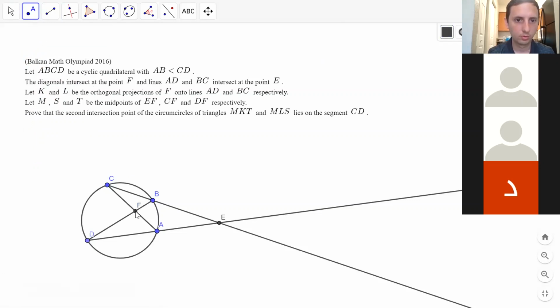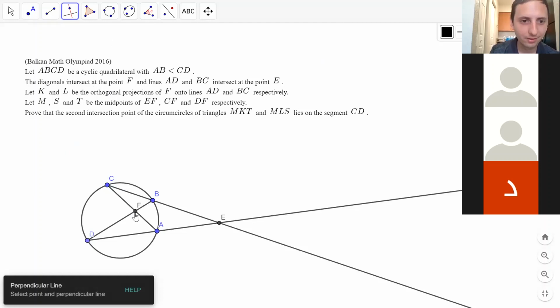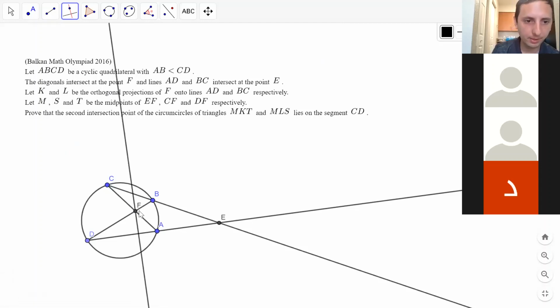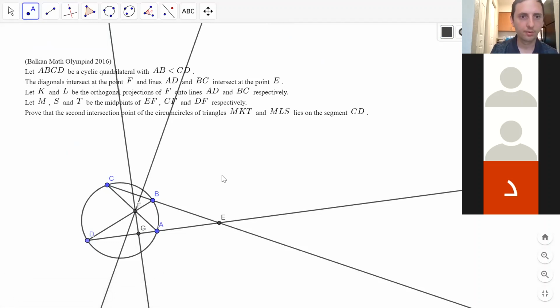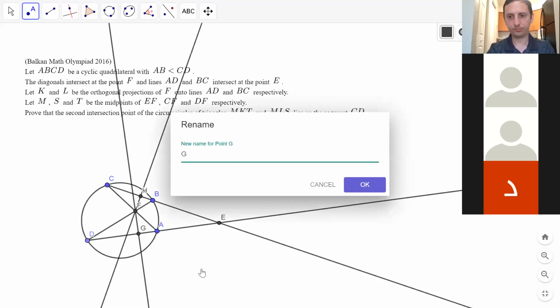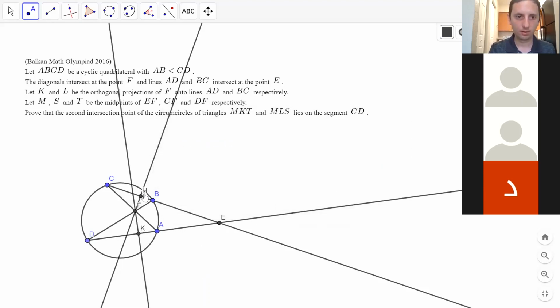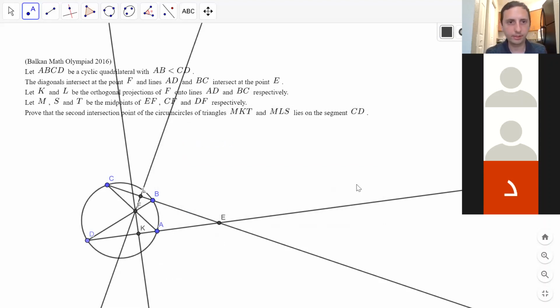And K and L are the projections of F. This feels like a Brocard problem, right? A bash. AD, BC. Okay, I'll have to rename it K and L. And this is L. And M, S, and T are the midpoints of EF, CF, and DF.